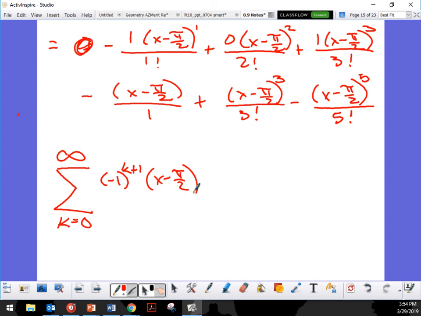Okay, remember, this is a Taylor series, so it's actually going to be about pi over 2. You're doing transformations inside, so it's going to be pi over 2.